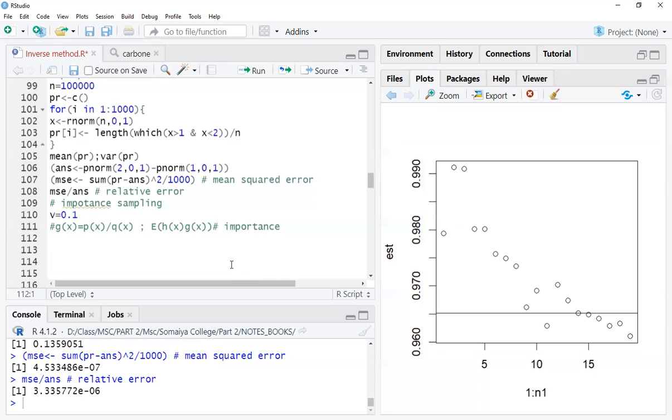So again we will obtain the estimate value.